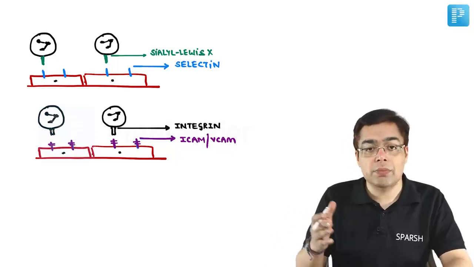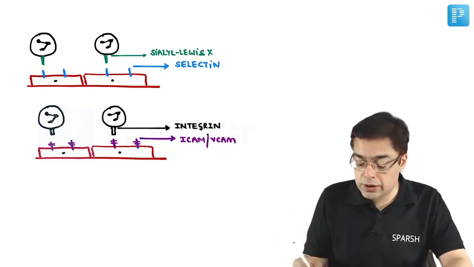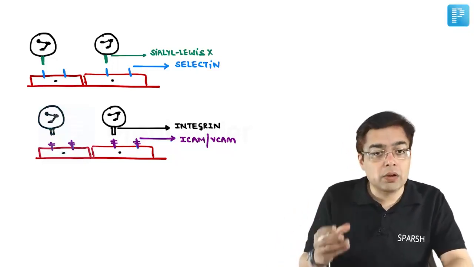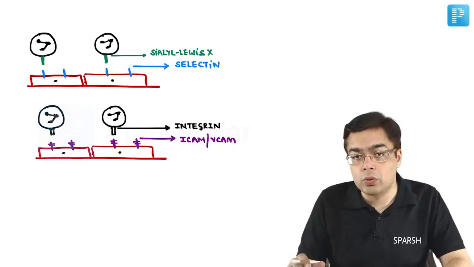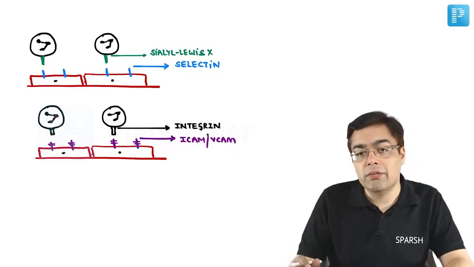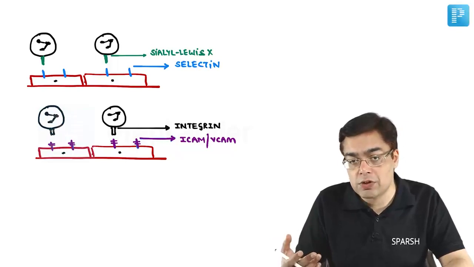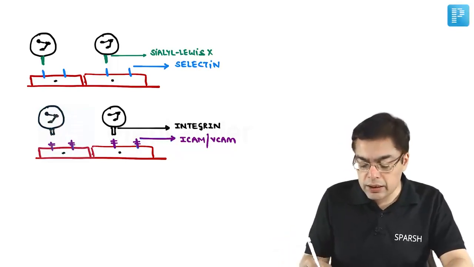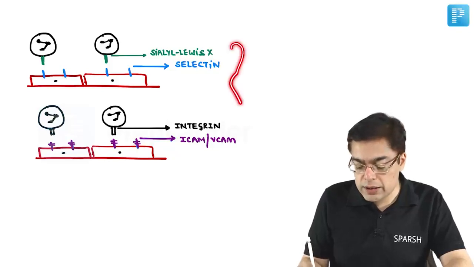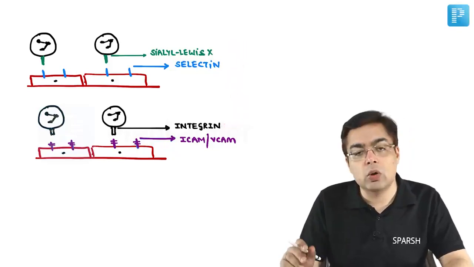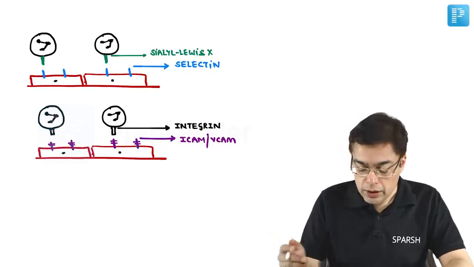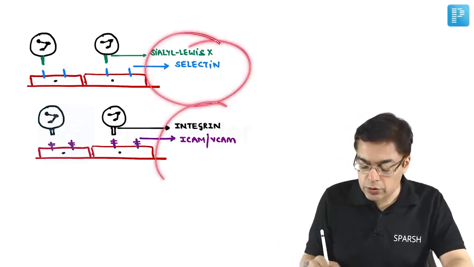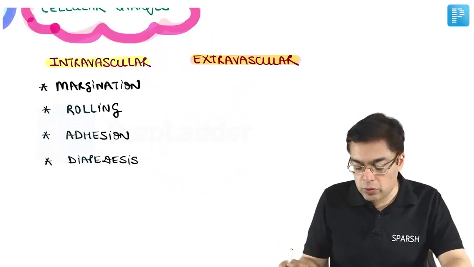So recurrent infections, plus you take the history from the mother and she would tell you that yes, the umbilical cord took a lot of time to get detached. Still, there is minimal pus formation, and primarily that can be explained because the WBCs are not able to reach the site of the damage or the inflammation. So those are the important terms or molecules that you need to remember over here.